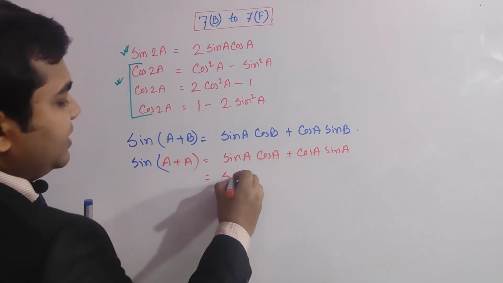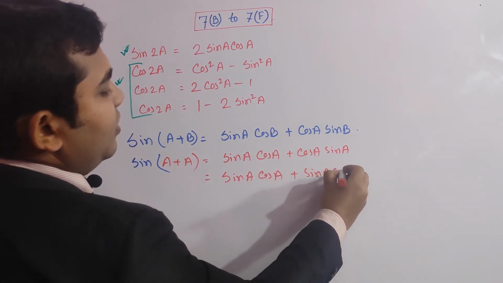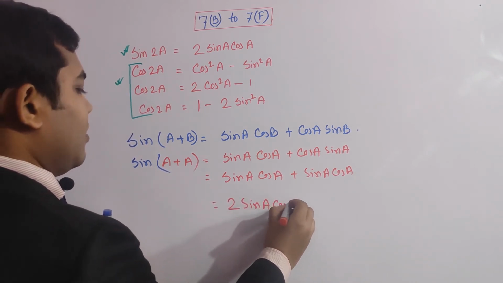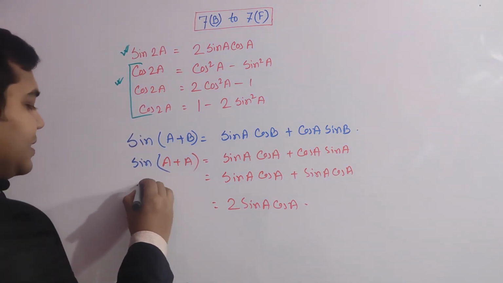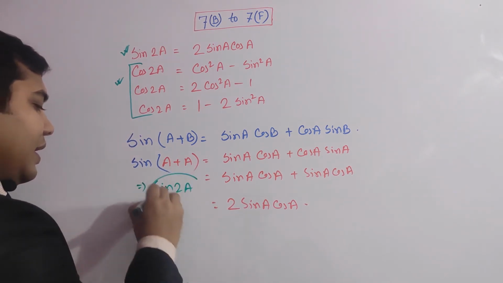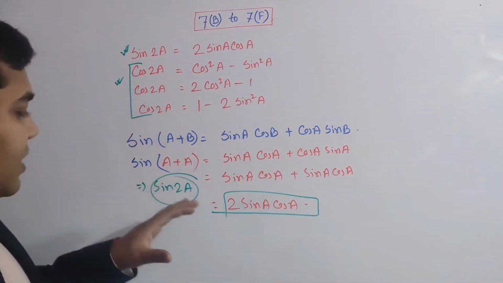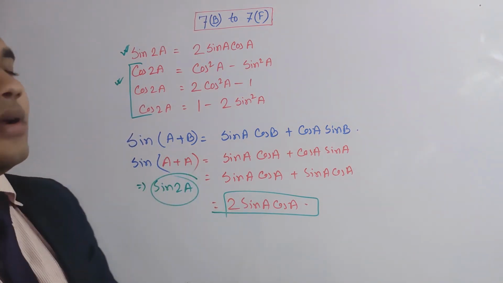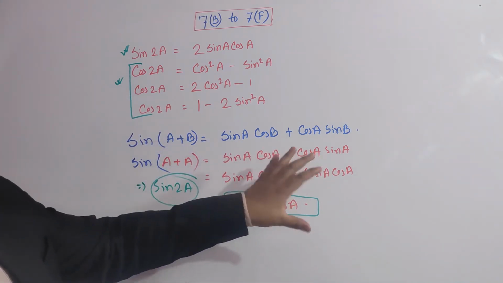So we can write 2 into sin a cos a. So sin (a plus a) can also be written as sin 2a. So sin 2a should be 2 into sin a cos a. Actually this formula is nothing but our original formula, where b has been replaced with a. Clear? So I think you can understand this.